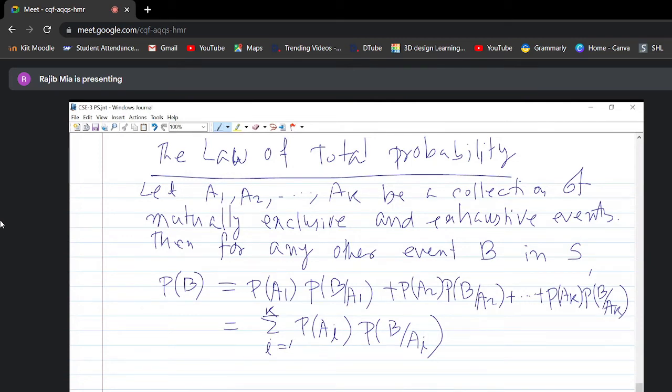So there are K events A1, A2, and AK, and they are mutually exclusive as well as exhaustive events. Then for any other event B in the sample space S, probability of B equals probability of A1 into probability of B by A1 plus probability of A2 into probability of B by A2 dot dot plus probability of AK into probability of B by AK. Now we want to prove this.